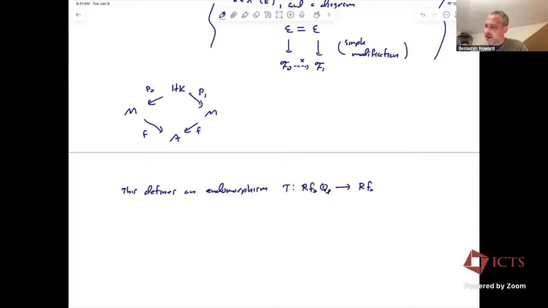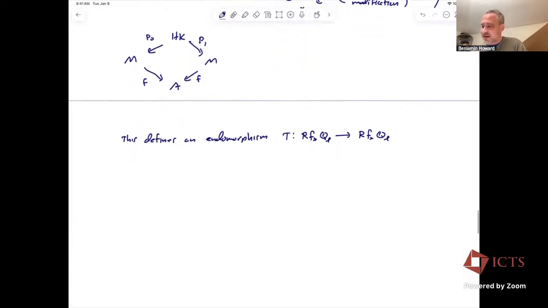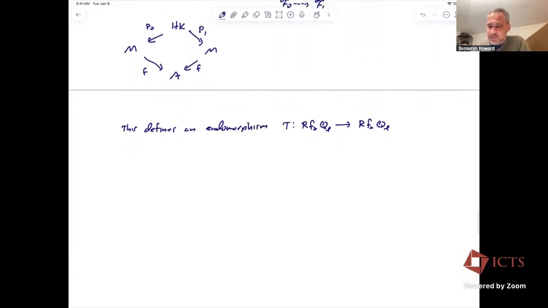And how is that? Okay, it's a bunch of cohomological nonsense. I'm not going to tell you the whole construction of the endomorphism, but I'm going to describe what it is fiber by fiber. So consider the action on the fiber at some point of the Hitchin base. Take a k-bar point.